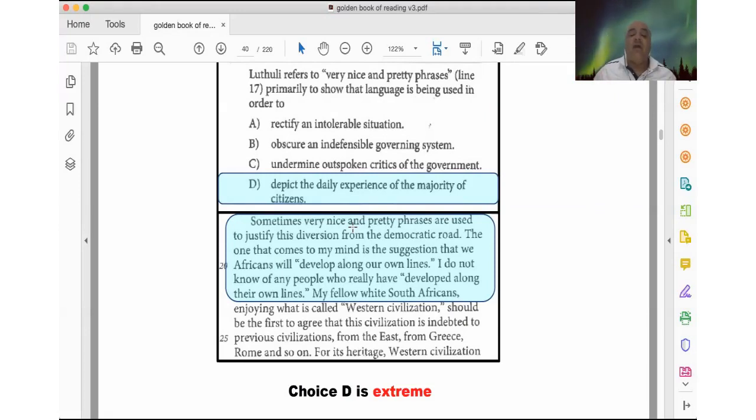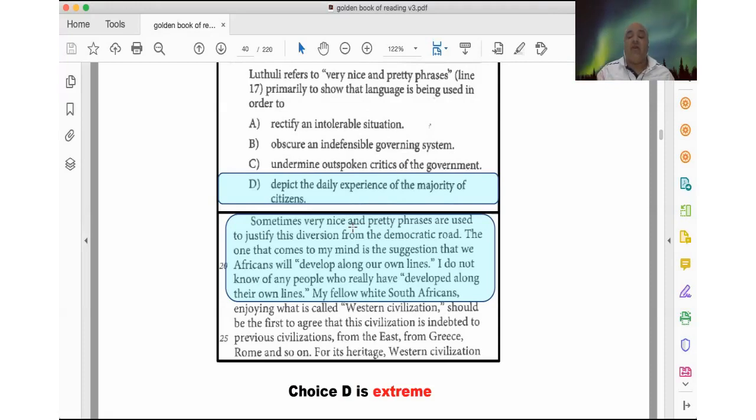The one that comes to my mind is the suggestion that we Africans will develop along our own lives. I don't know of any people who really have developed along their own lives. So when he said very nice and pretty phrases, they are the phrases that are used by the people who are expressing the British invasion.